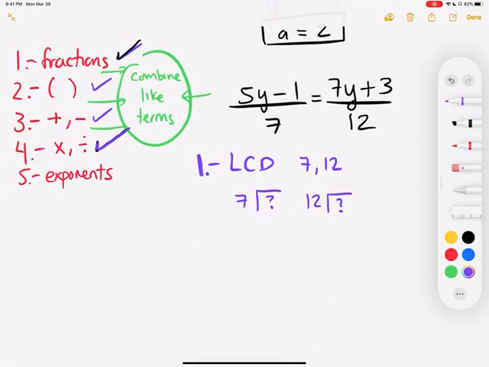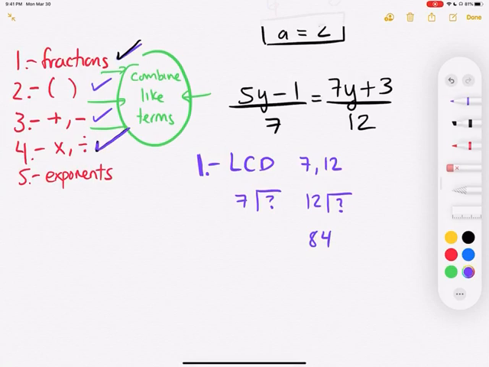Okay, so for the least common denominator, we can use several different methods to calculate it. The least common denominator in this case is going to be 84, or if you multiply those two numbers, 7 times 12, you're going to get 84, and this is also a common denominator of those two numbers.